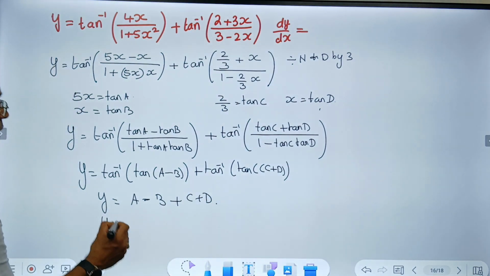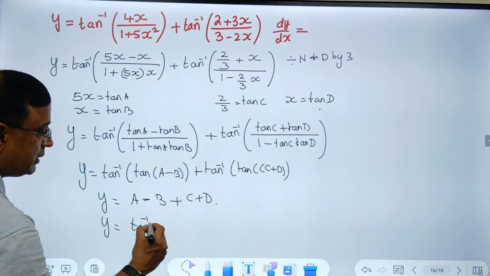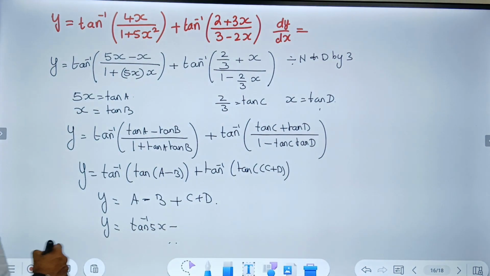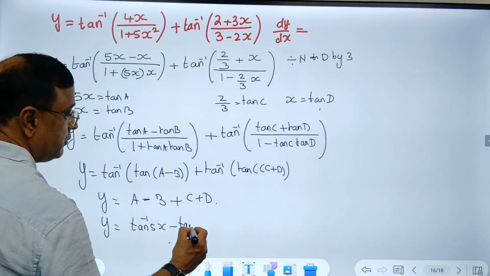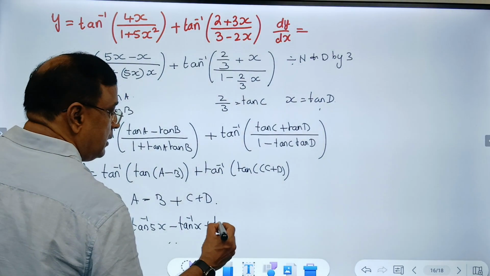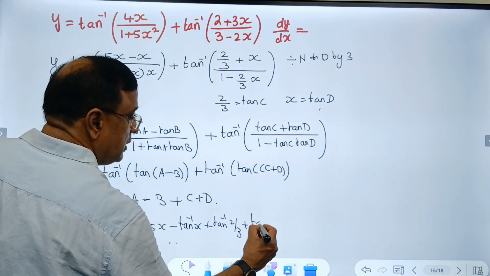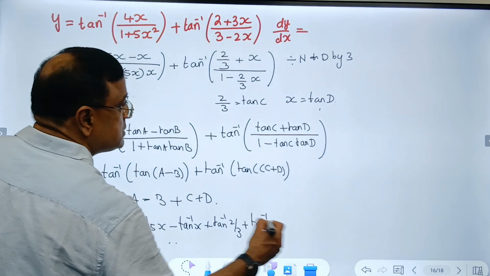Now what is A? A is tan inverse of 5x. What is B? Tan inverse of x. What is C? Tan inverse of 2 by 3. And what is D? Tan inverse of x.